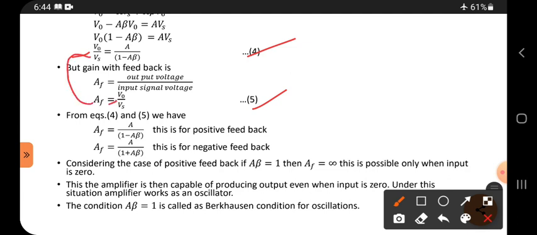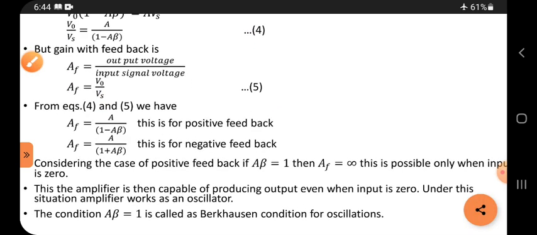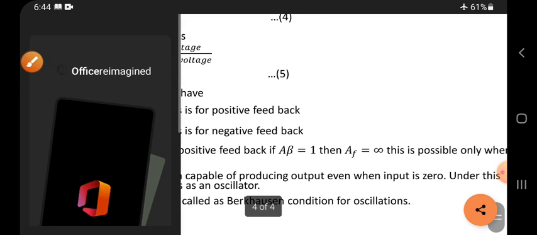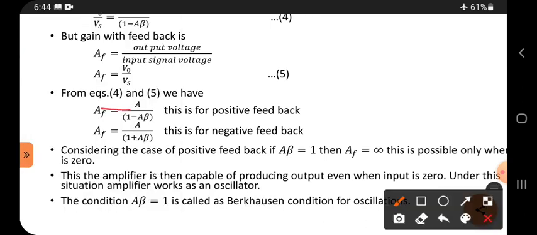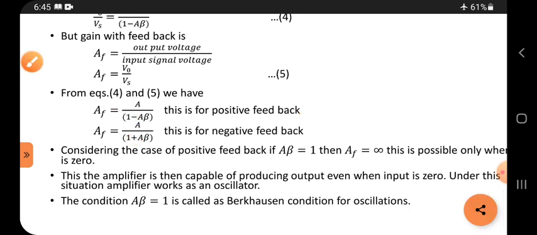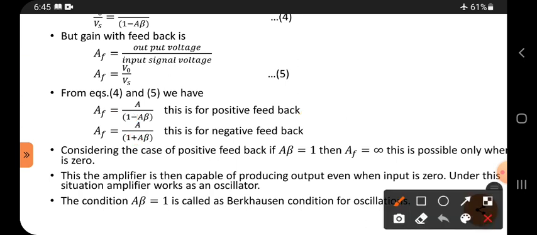Then AF equals A by 1 minus A beta. This is for positive feedback. We have derived the equation for positive feedback only. If it is negative feedback, then minus is replaced by plus. So AF equals A by 1 plus A beta for negative feedback.